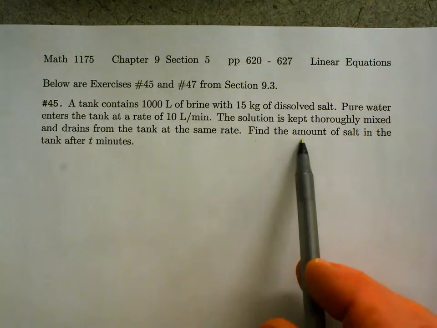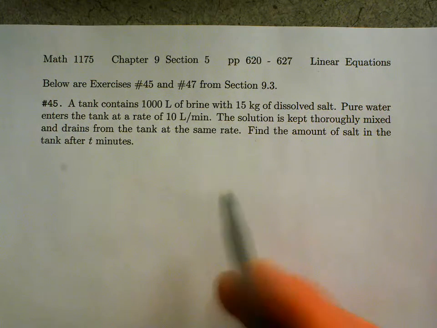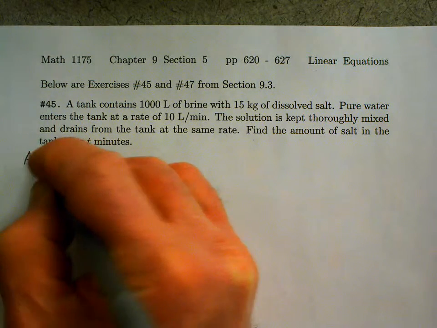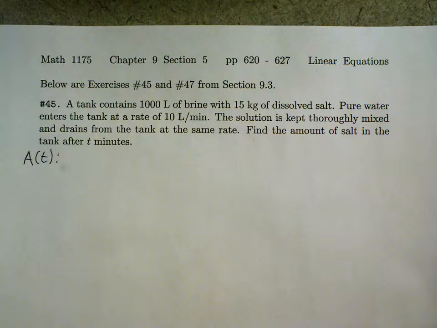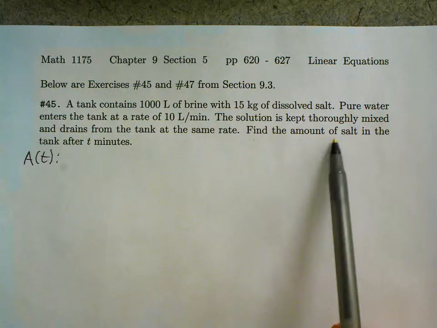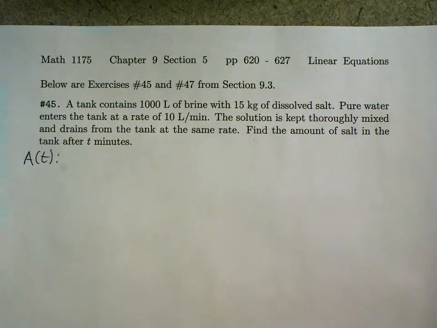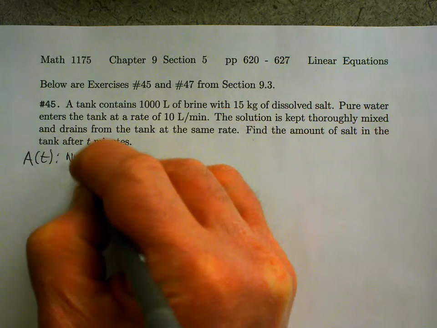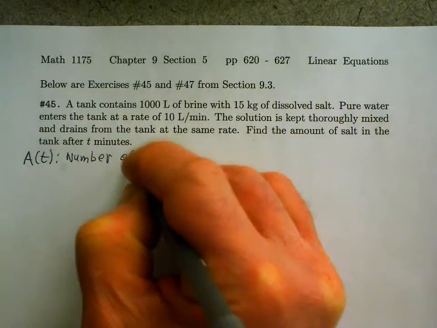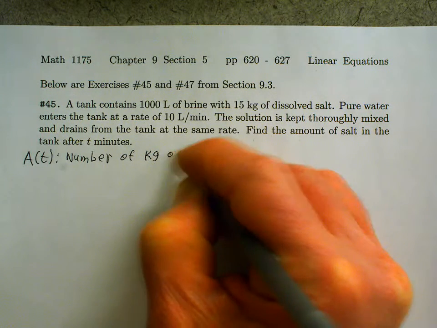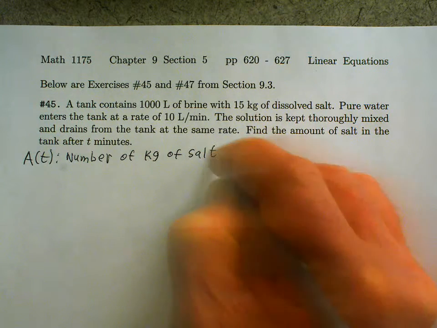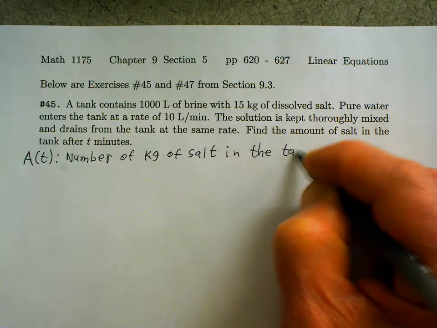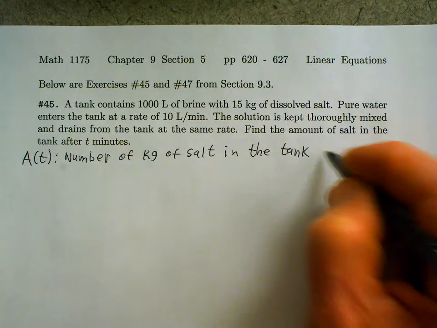Since we want to find the amount of salt in the tank after t minutes, we'll define a function A of t. The amount of salt is measured in kilograms, so A of t will be the number of kilograms of salt in the tank after t minutes.